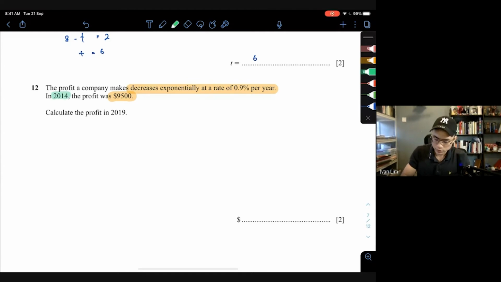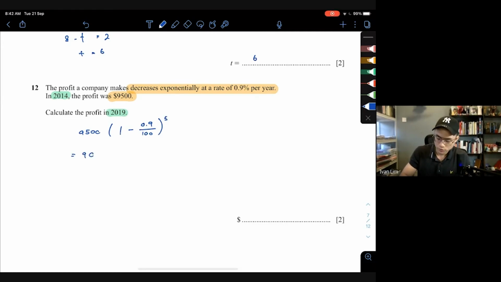So this is after 5 years already. So you've got to use your exponential formula, your compounding effect formula. So 9,500 times 1 minus, because it decreases, 0.9 over 100, to the power of t, which is 5 years.